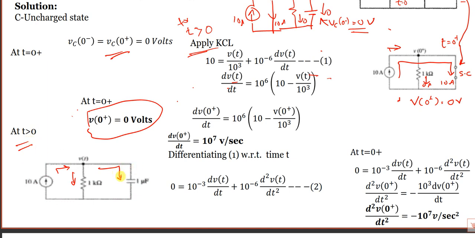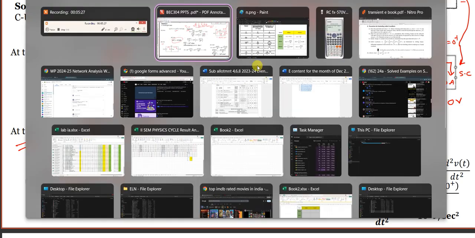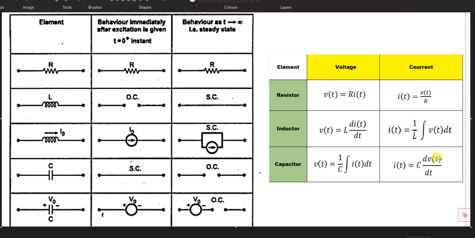For t greater than 0, you have to consider the original capacitor and resistance values and write KCL. The current 10 amps is equal to the current through 1 kilo ohm plus the current through 1 microfarad. Current through the resistance is voltage by resistance value, V of t by 1k, 1k means 10 power 3. And the current in the capacitor, I told you, is C into dV by dt.